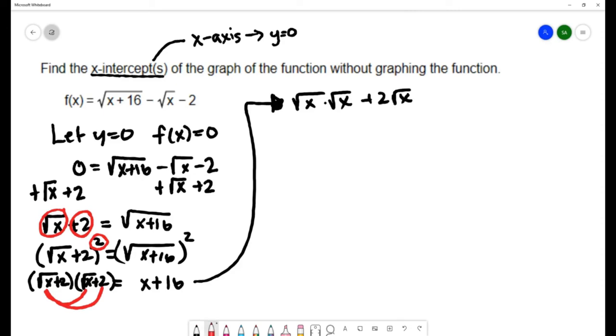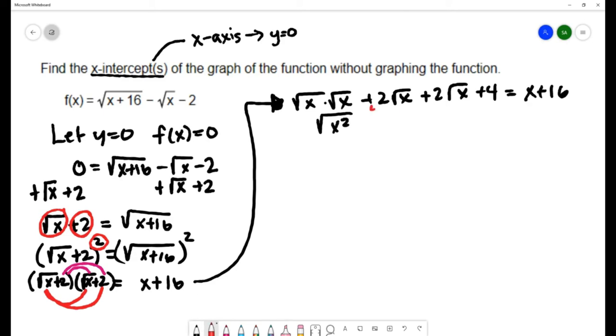We'll multiply the inside two together, and that gives negative 2 square root of x. And we multiply the last two together, negative 2 times negative 2 is 4. And I'm going to copy down the right-hand side of the equation, x plus 16. So let's simplify on the left. Square root of x times square root of x is square root of x squared.